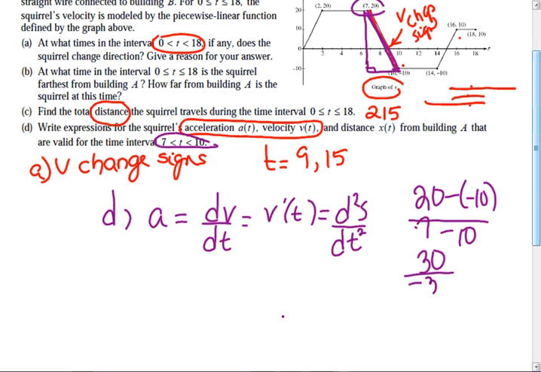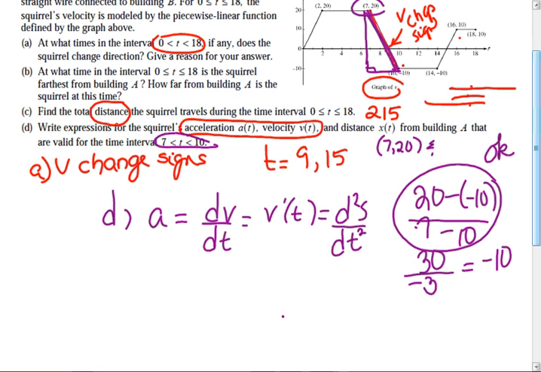Negative 3. So the answer is negative 10. This is just fine. You do not have to simplify. If you simplify it wrong, you're in trouble. I'm just finding the slope between 7, 20 and 10, negative 10.